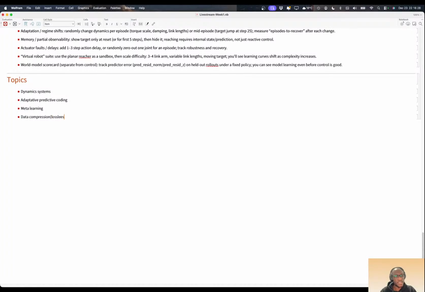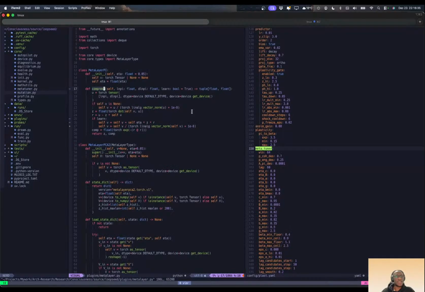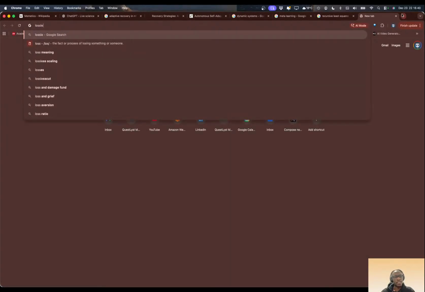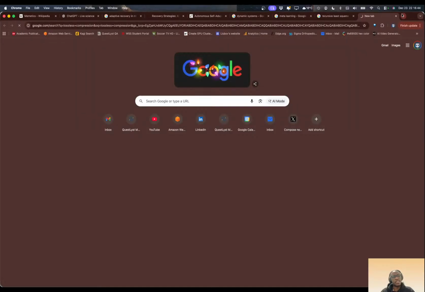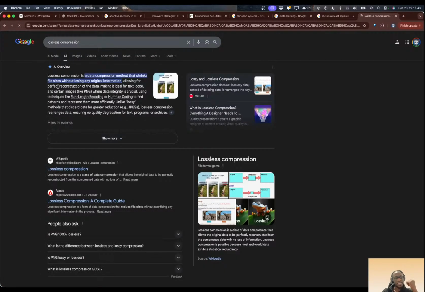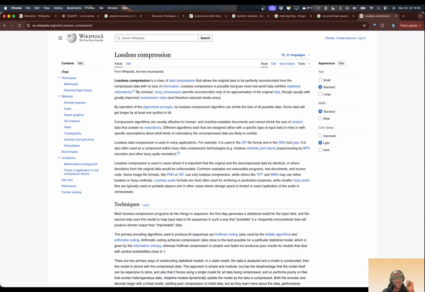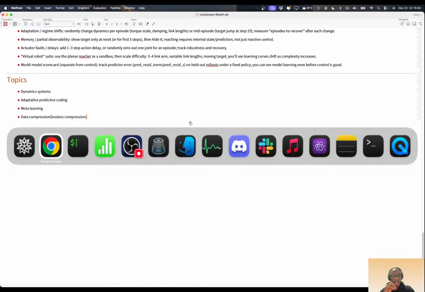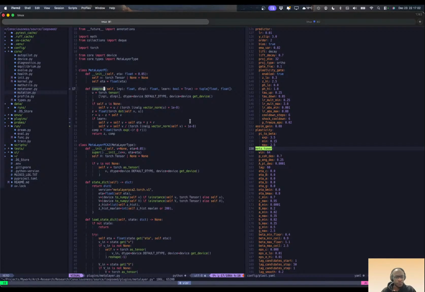It's a data compression method that shrinks files, not just files but information generally, without losing information. That's also one of the things you can explore.